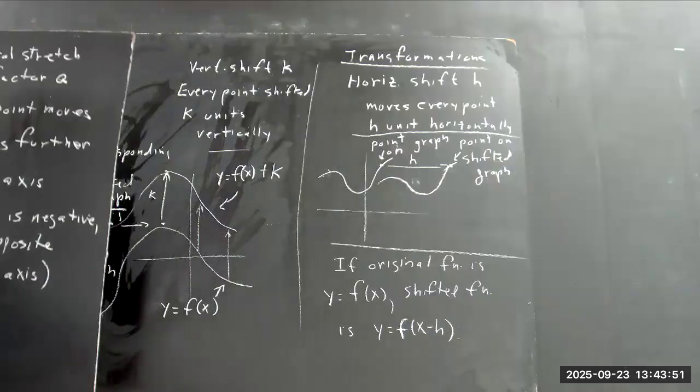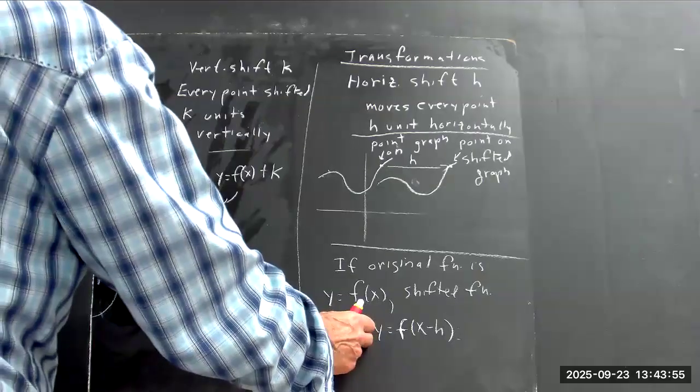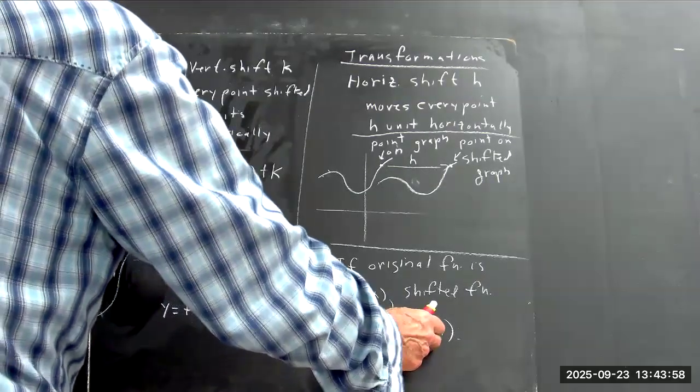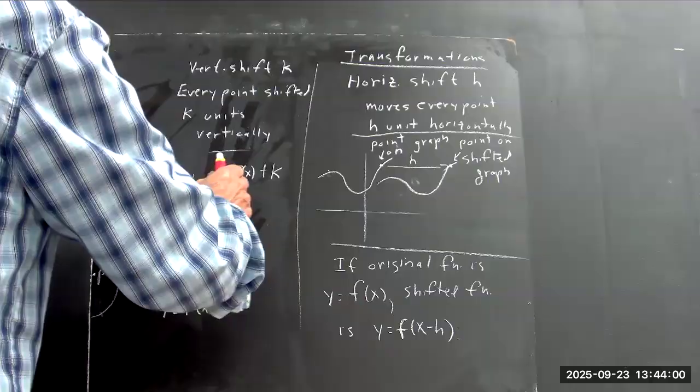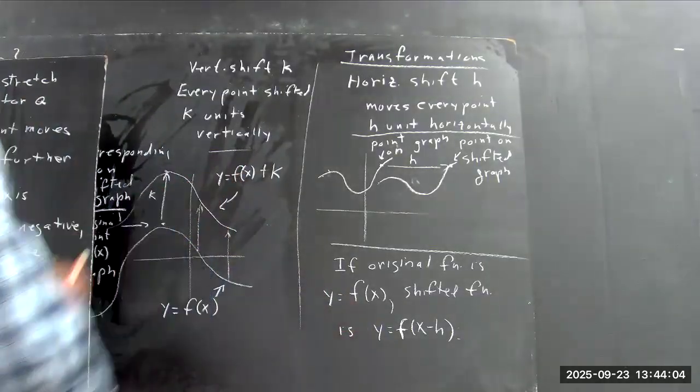Just looking at what we said previously: this horizontal shift gives you y equals f of x minus h. This is y equals f of x plus k, the vertical shift.